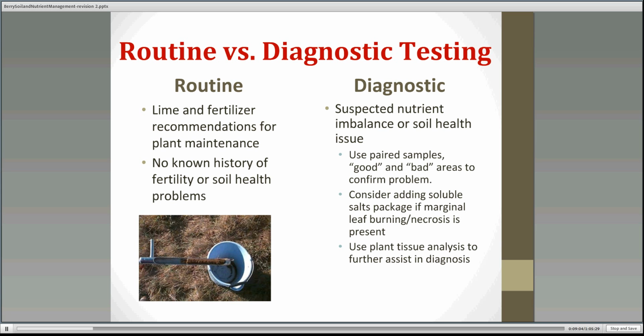And usually this is done with some paired sampling, taking a series of samples in an area that is just not performing up to par, and then comparing the results of those chemical analyses with an area of the field where you have reasonable performance. In these situations, adding soluble salts as an analysis is probably an important thing to do. And using plant tissue analysis just gives you that additional piece of information that you can use in answering a battery of questions and narrowing down the field to the problem.